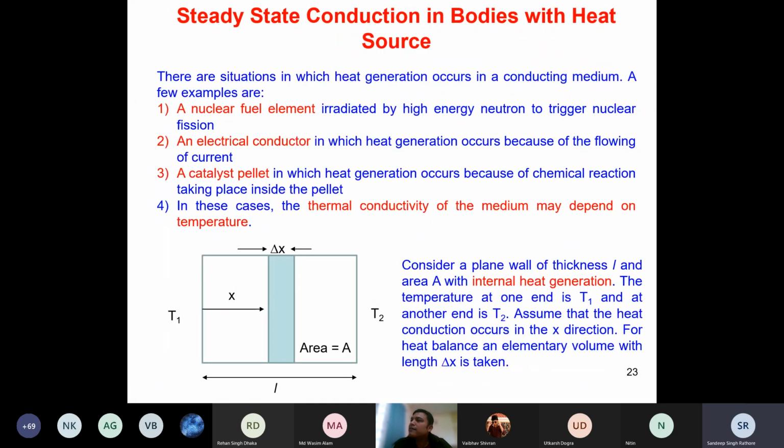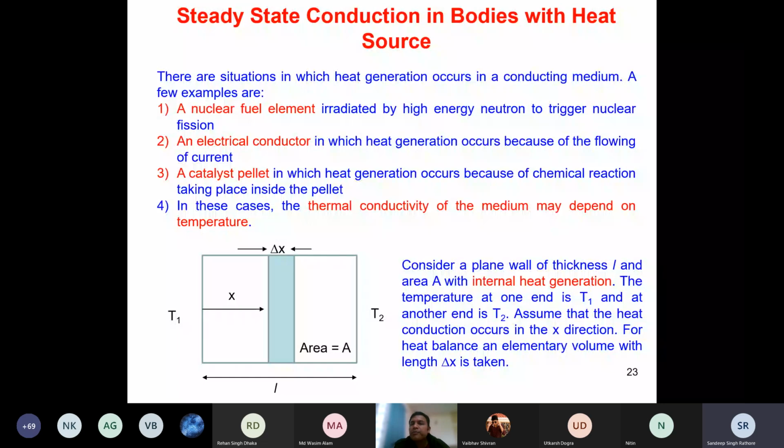Then we said that there are some cases where not only the area is varying, but also we can have heat generation inside the medium, isn't it? The common examples are the nuclear reactor, where the heat is generated directly inside the rod, or the heat generated in a catalyst pellet.